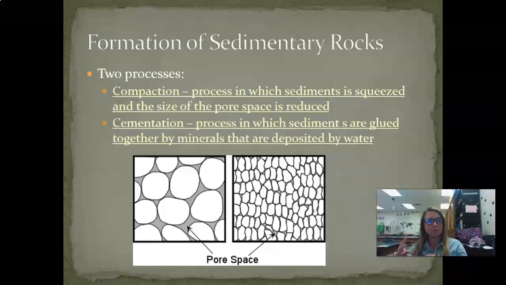This is the same idea with cementation: there's some kind of hydrous material that acts as glue, then that water disappears, and you're left with a solid rock. If you think about our limestone, sandstone, and shale, there was a lot of carbon in the water because there was a lot of life, and it compacted and glued those sediments together.